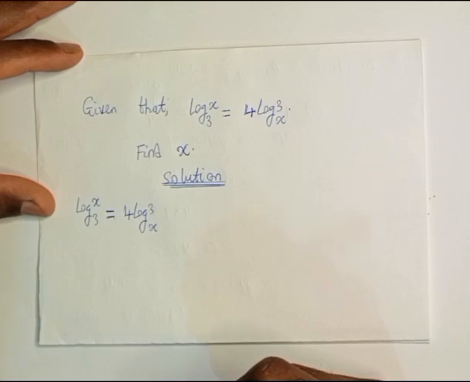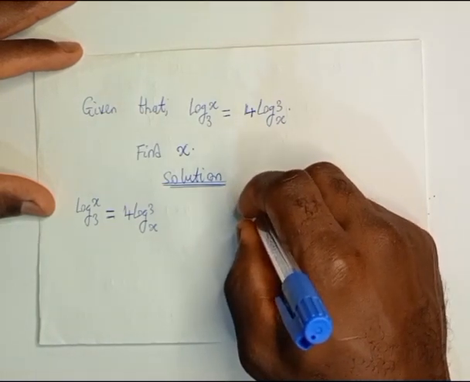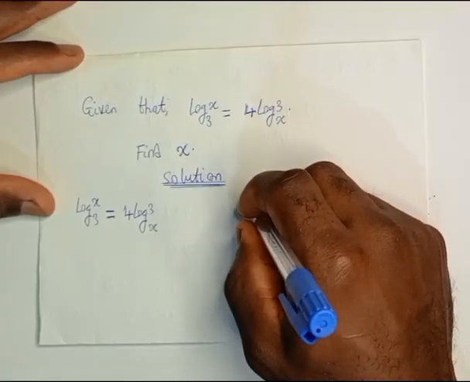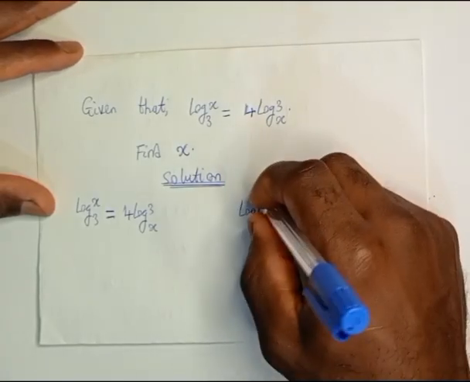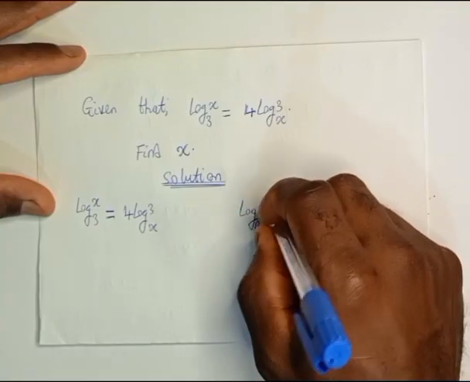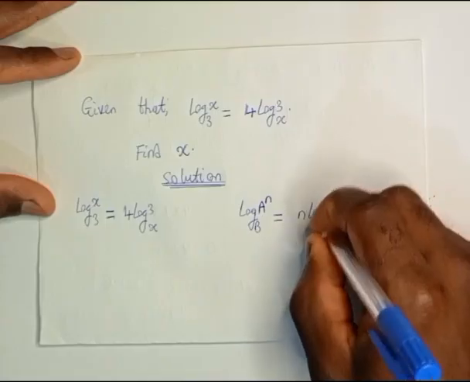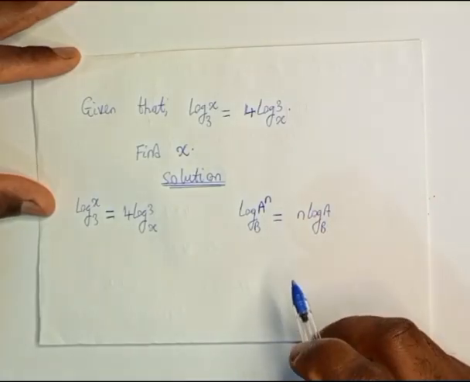Applying the law of power at the right hand side, the law of power states that if you take the log of a to the power n base b, it is simply equal to n log a base b.